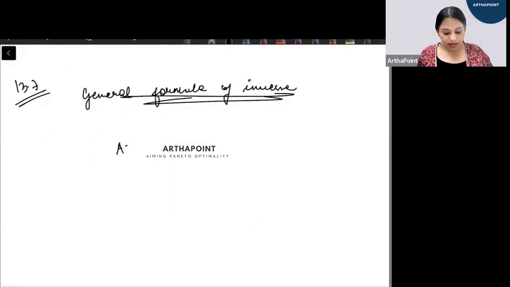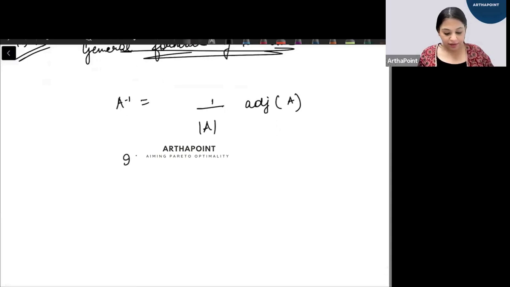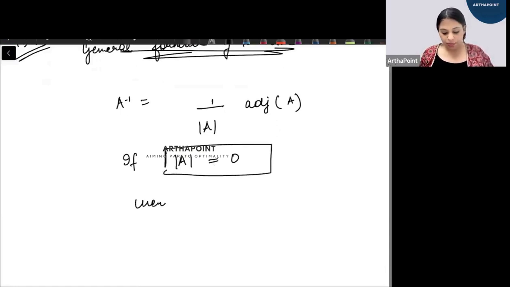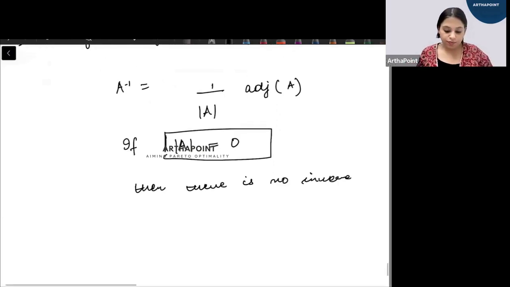So A inverse will be 1 by determinant of A into adjoint of A. And if A is a singular matrix, determinant of A is equal to 0, then there is no inverse. So let's take a question.